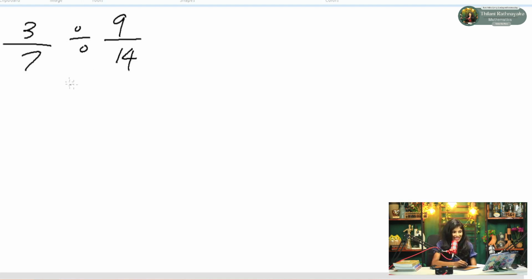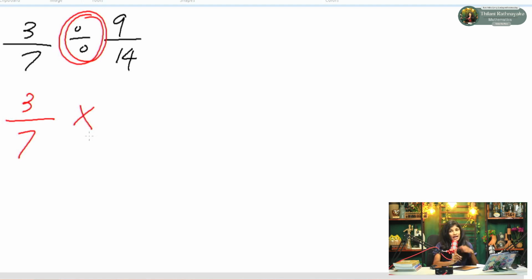We are going to write the first number in the same way, that is 3 over 7, and convert this division sign into a multiplication sign. And the number after the division sign has to be taken the reciprocal. So that is 14 over 9.